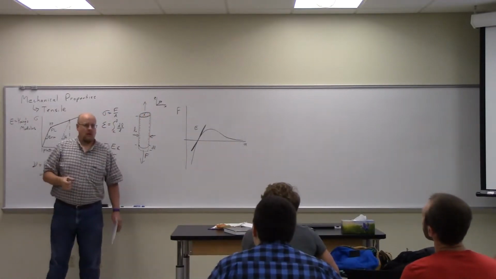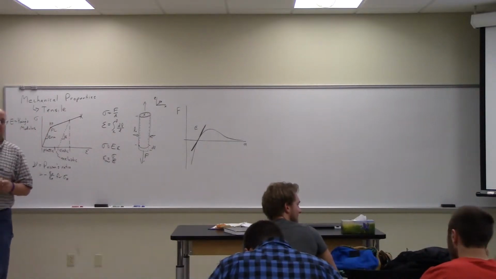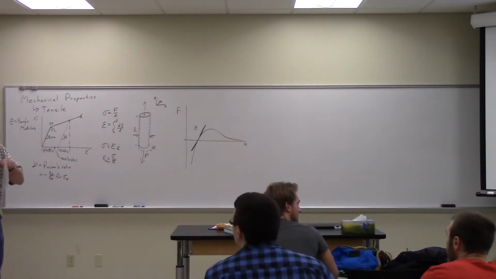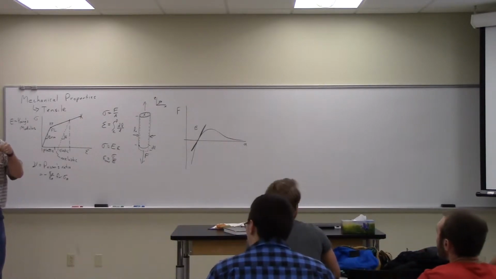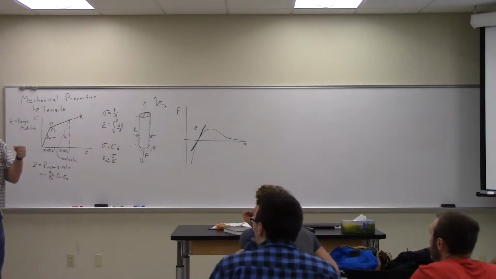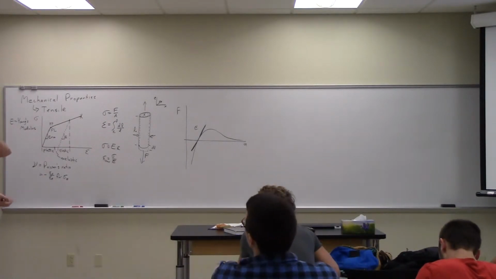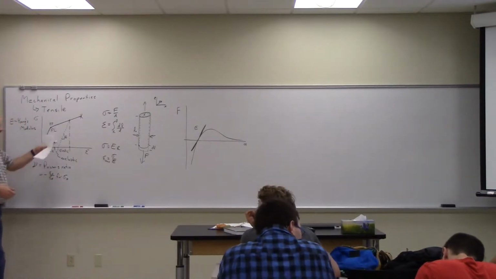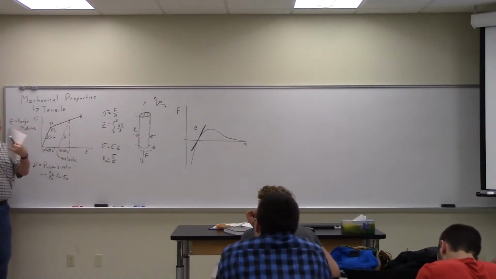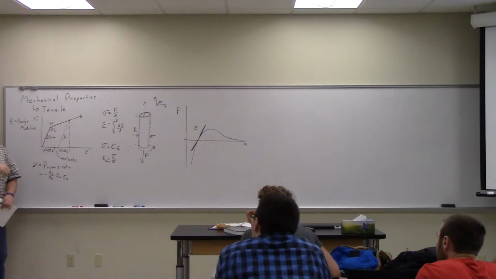So again, if you want to use silly putty as an example, if I make a little snake out of silly putty, roll it together in my hands, and then I pull on that snake, what happens? The snake gets skinnier. It shrinks. There's lateral contraction as I elongate the sample. So there is a strain, a delta L, in the X direction as I pull and elongate in the Y direction. So Poisson's ratio is the ratio of those two.